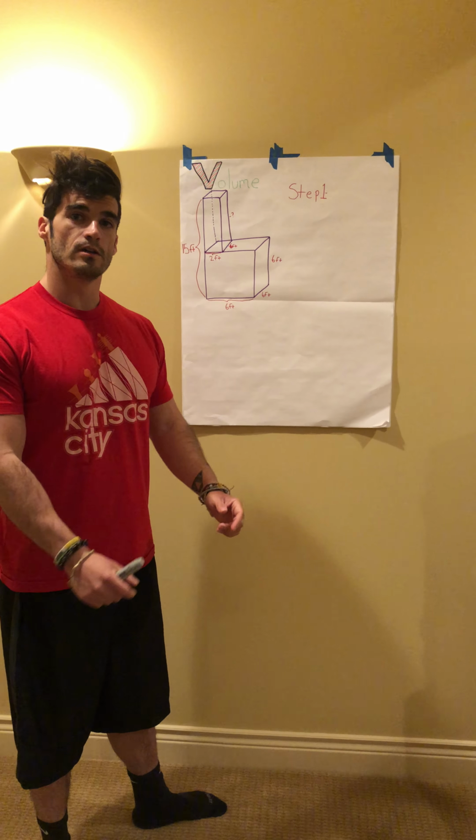Now all I have to do is step 3, which is calculate the individual volumes of each figure. So my shape 1, and forgive my terrible drawing in this. We have 9 feet by 6 feet by 2 feet.